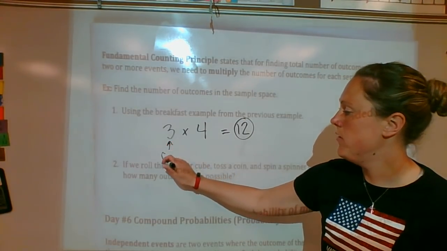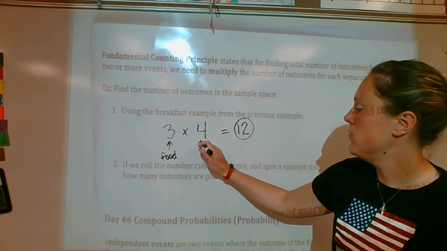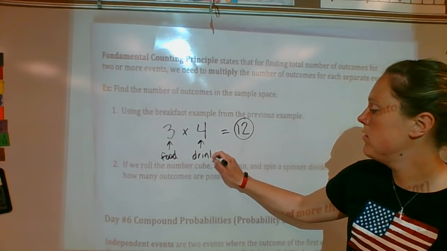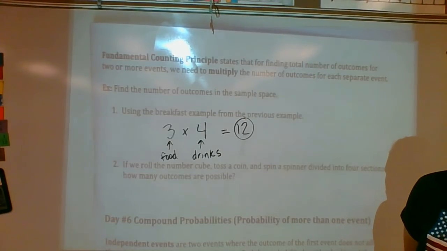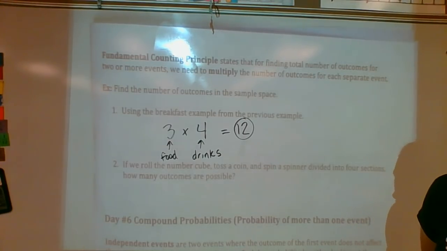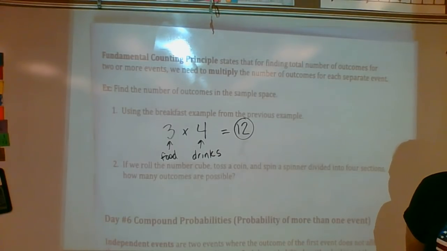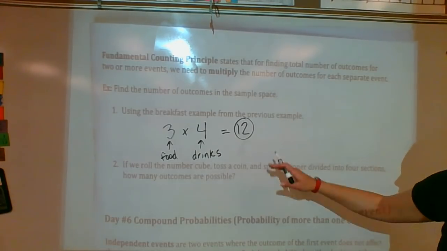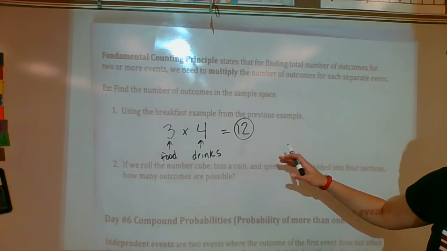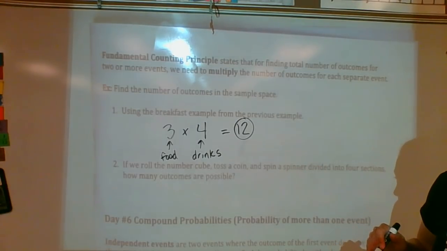This was my option for the food, and this was my option for the drinks. This is just a shortcut. If your homework tonight says, what is the number of outcomes, I'm going to go ahead and multiply them together. If it would like a list of the possible outcomes, that's when I need to make the tree diagram or my Punnett square to make a list of orange juice to oatmeal and all those options and combinations.